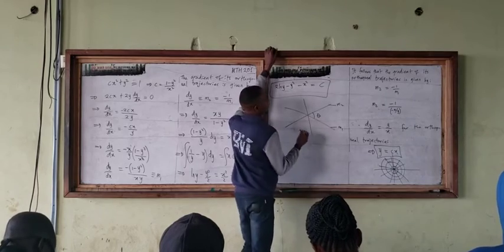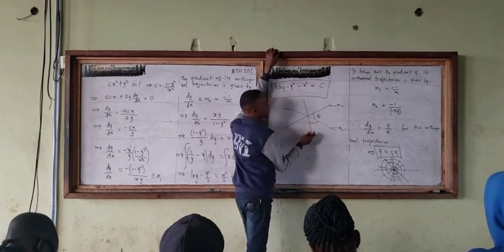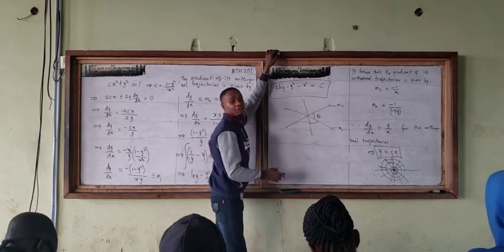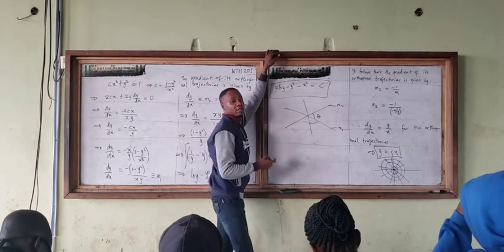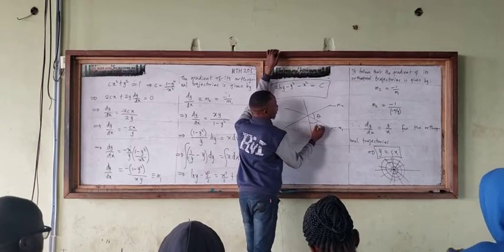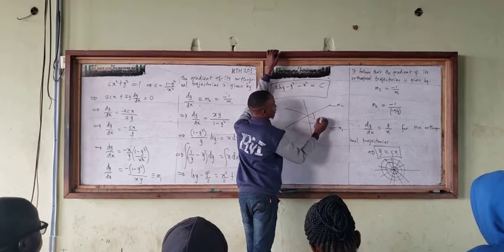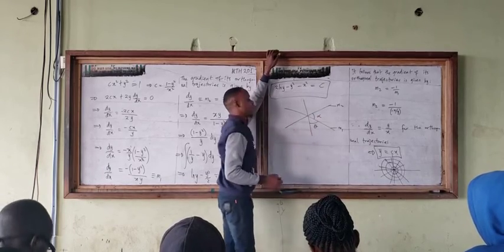So we know that normally the gradient has to do with the angle that this thing makes with this axis. Are we together? Do you understand what I'm saying here? So for instance, let's say this thing here is at angle theta to the x-axis, and this one is at angle alpha.